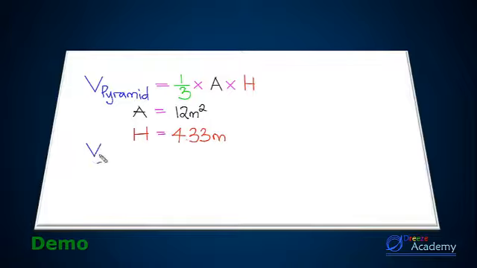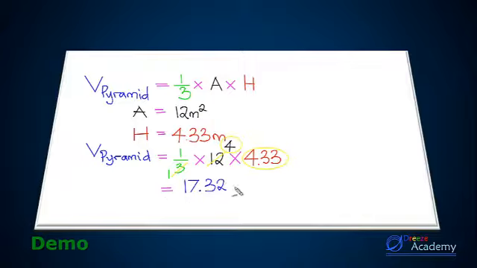Hence, the volume of the pyramid is 1 over 3 times 12 times 4.33. 3 divided by 3 is 1, whereas 12 divided by 3 is 4. 4 times 4.33 would give us 17.32 cubic meters.